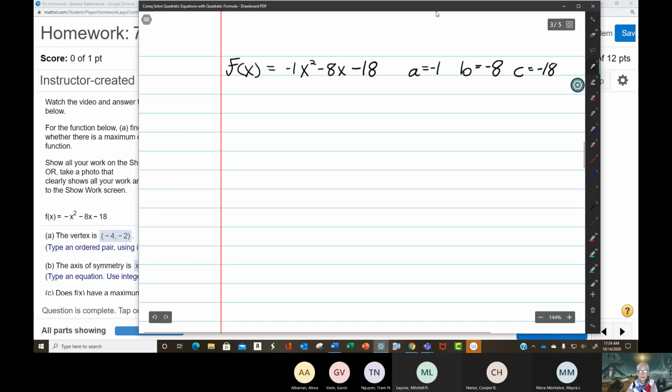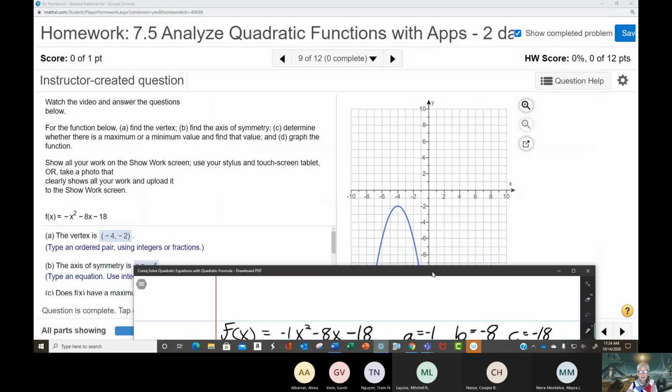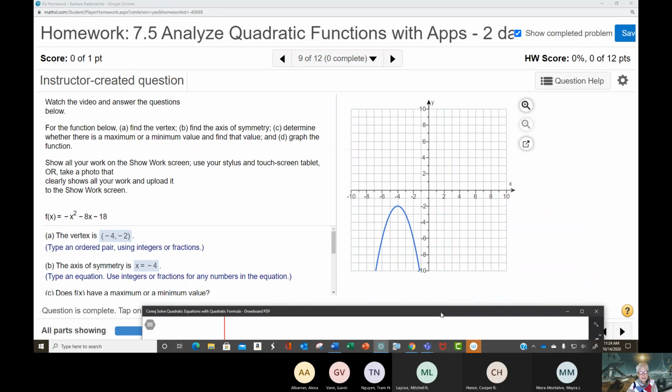I can promise you, absolutely, that that is not factorable by any means you learned earlier in the semester. For this, you have to use the quadratic formula.